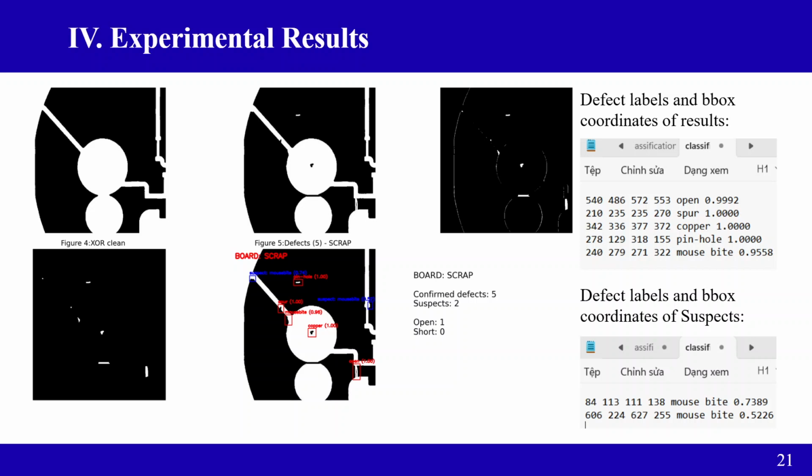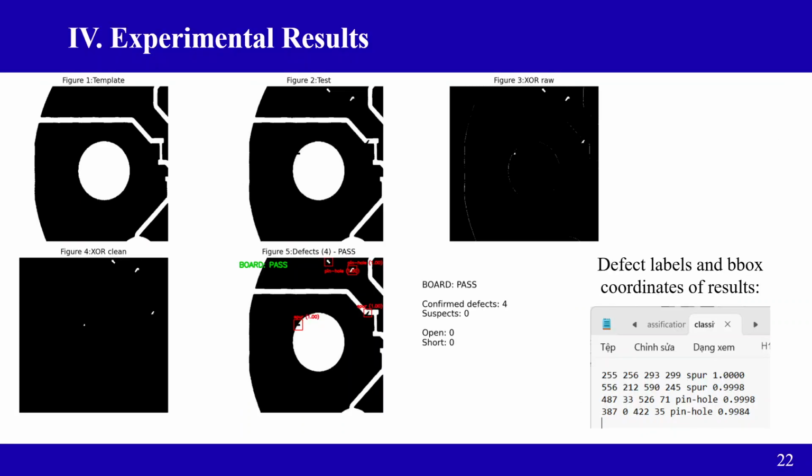This example demonstrates how the system can supply reliable detection from uncertain regions, reducing false alarms while maintaining safety. This slide shows the pass example because there are no open or short defects.